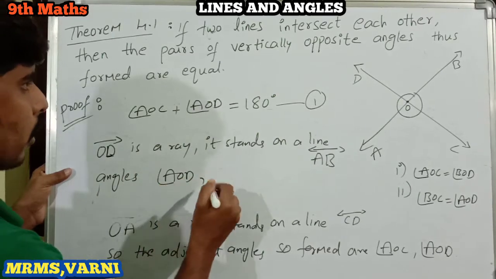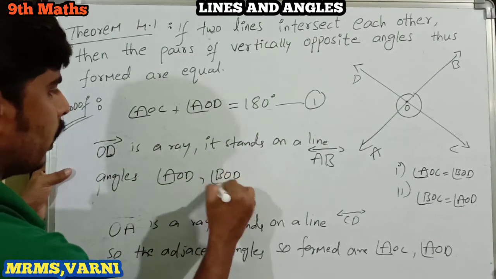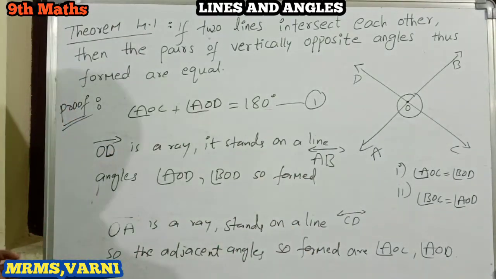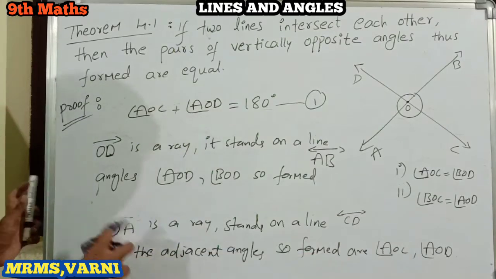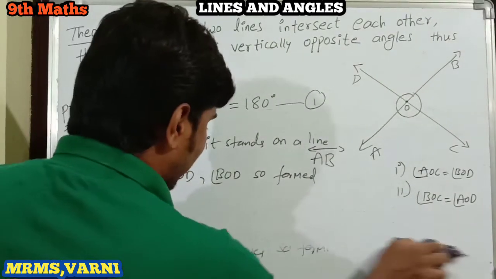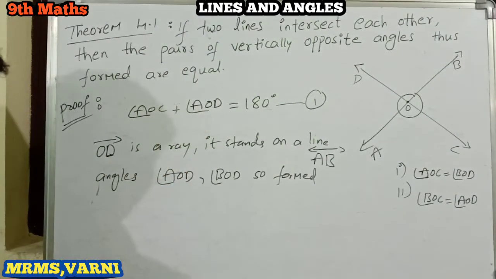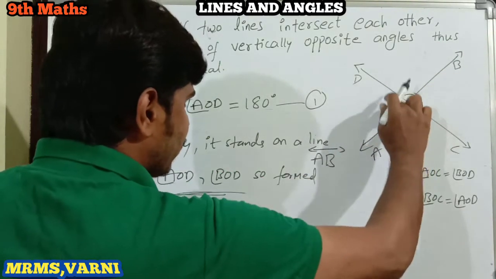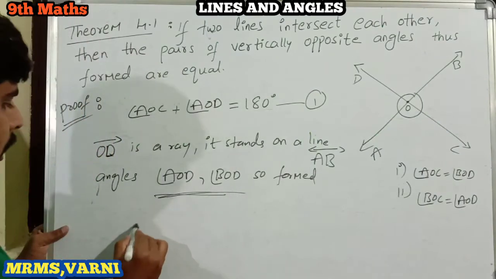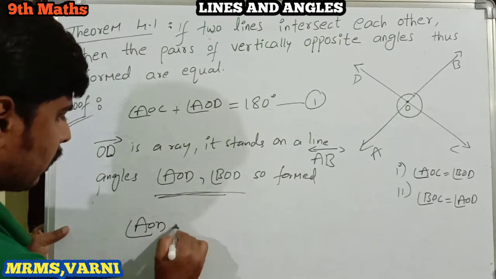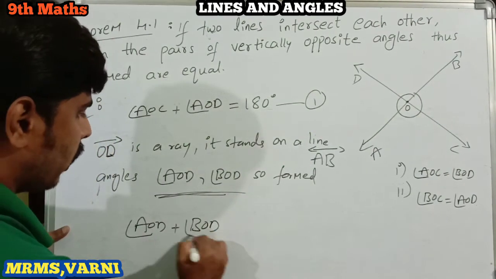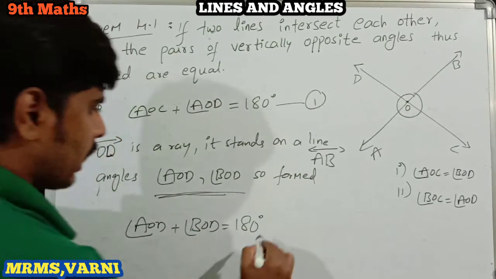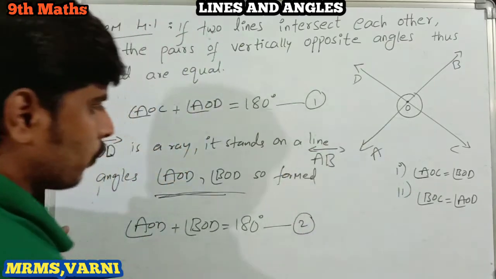AOD and BOD are adjacent angles, and this is a straight line and a straight angle, nothing but angle AOD plus angle BOD is equal to 180 degrees. Consider it equation 2.